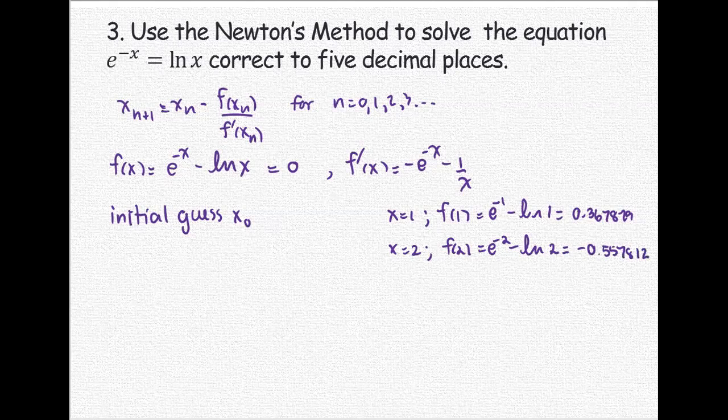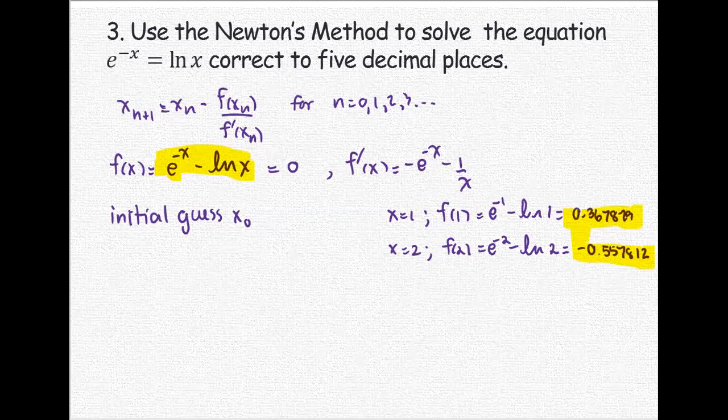Or we can use the graph to see. As we see, of the two function values one is positive and the other is negative, and the function is continuous between 1 and 2. That means the graph will pass through the point where the function is 0, which is between 1 and 2.